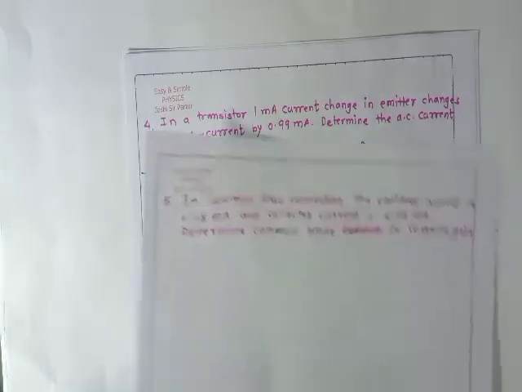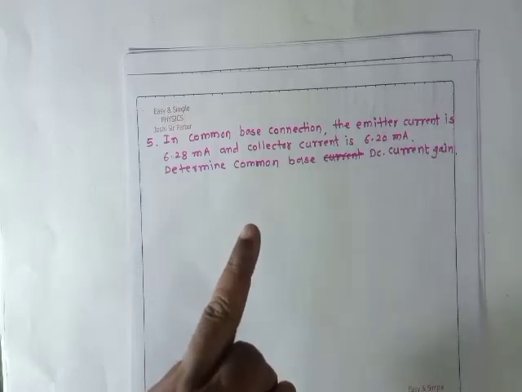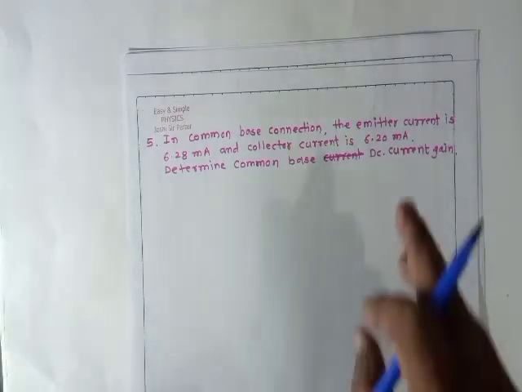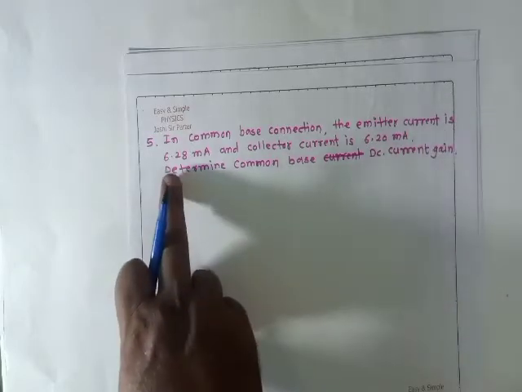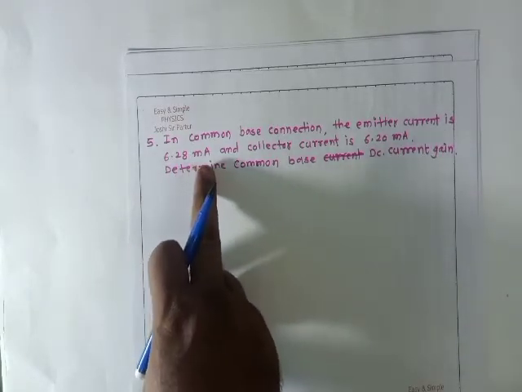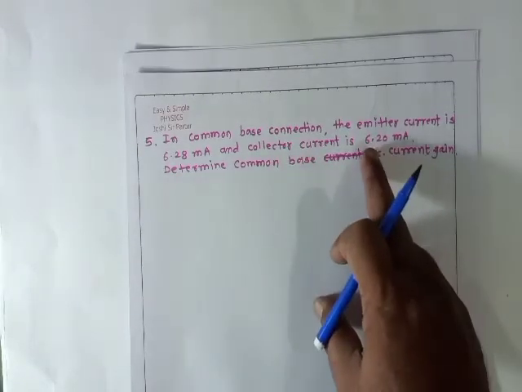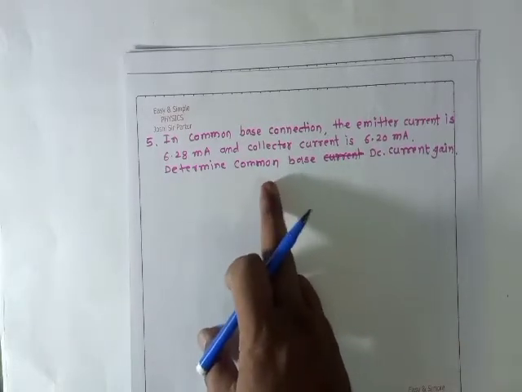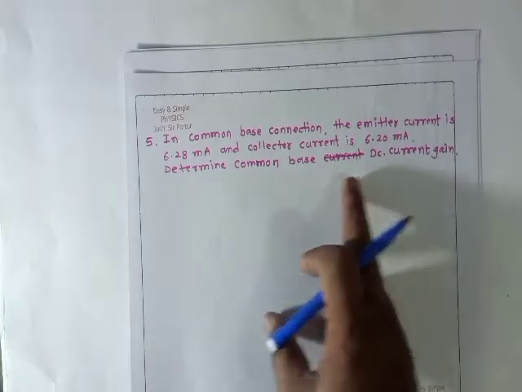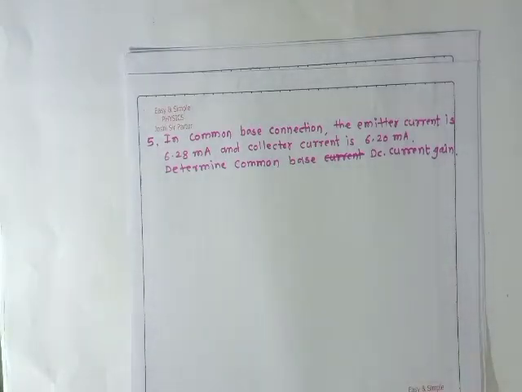See here, in common base connection, the emitter current is 6.28 milliampere and collector current is 6.20 milliampere. Determine the common base DC current gain. Here we can use DC current gain.